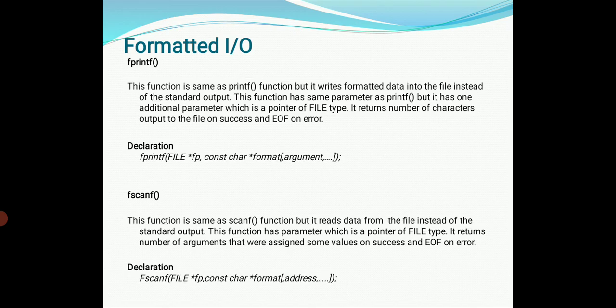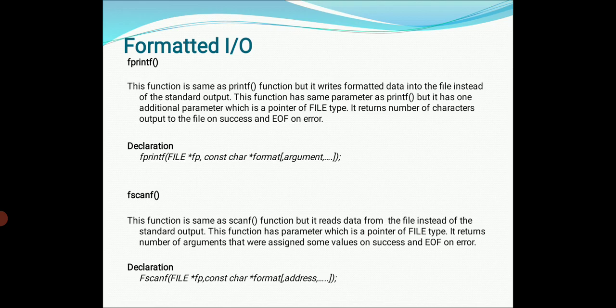The fprintf contains the file pointer, the constant character format, and a number of arguments, and ends with a closing parenthesis and semicolon. The next function is fscanf. This function is the same as the scanf function, but it reads data from the file instead of the standard input device.